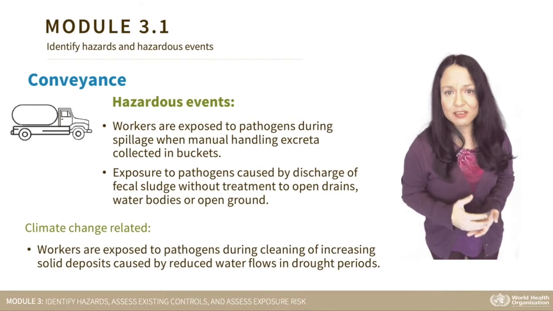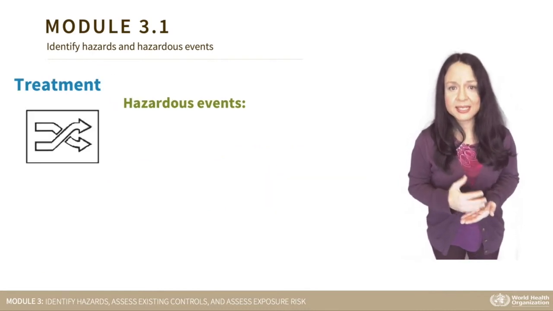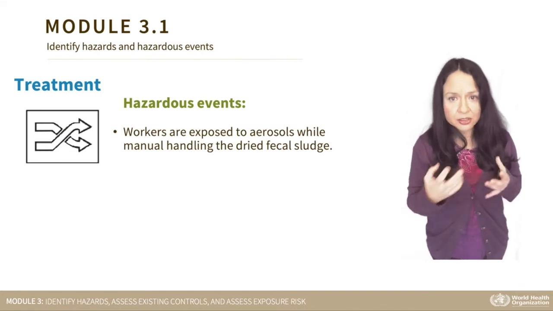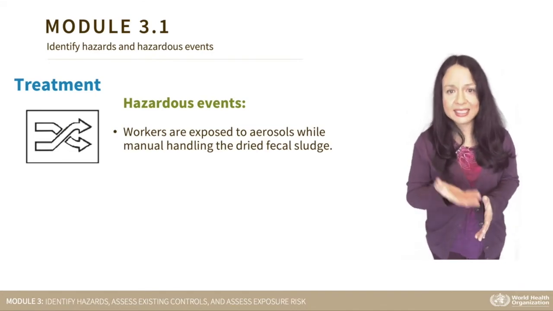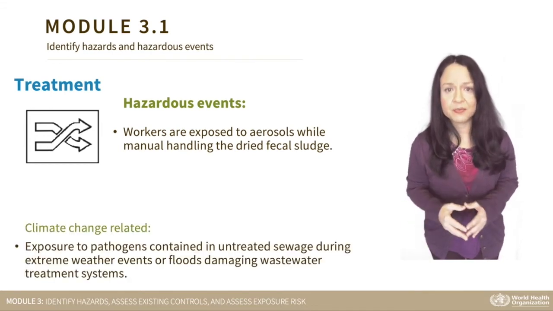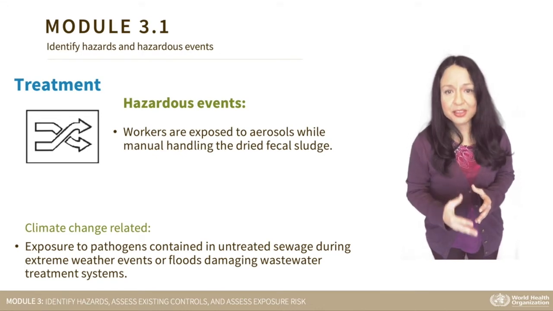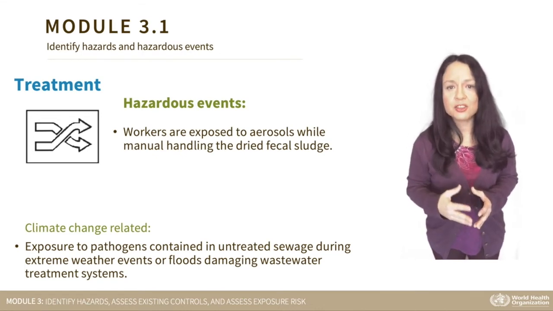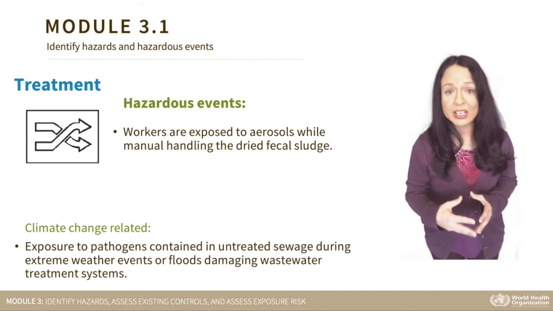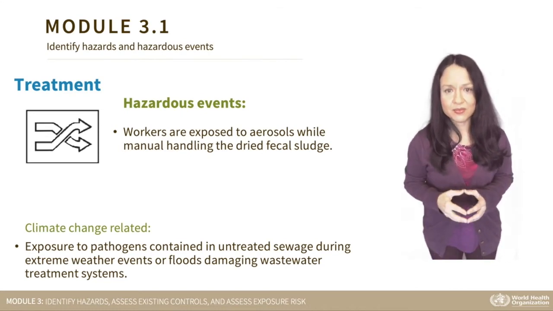An example of hazardous events at the treatment step is workers are exposed to aerosols while manual handling the dried fecal sludge. A climate-related hazardous event at this step is exposure to pathogens contained in untreated sewage during extreme weather events or floods damaging wastewater treatment plants.